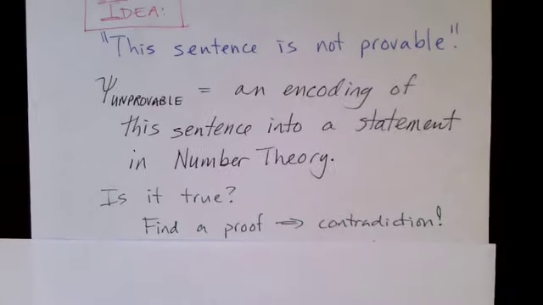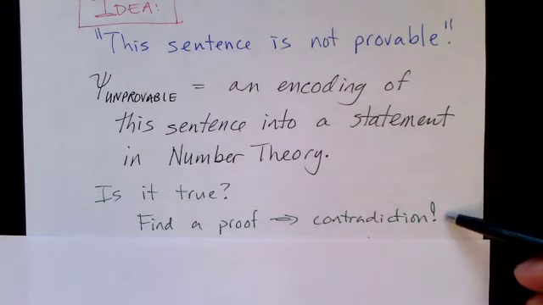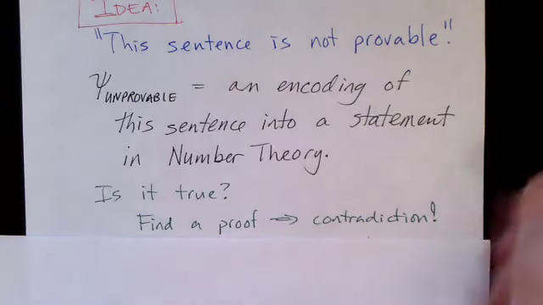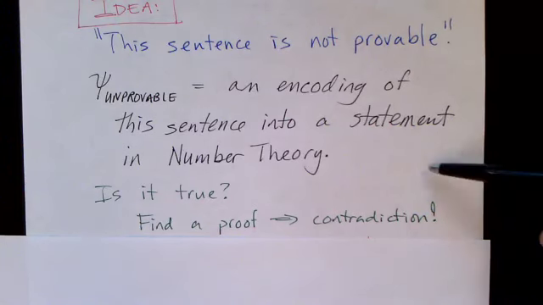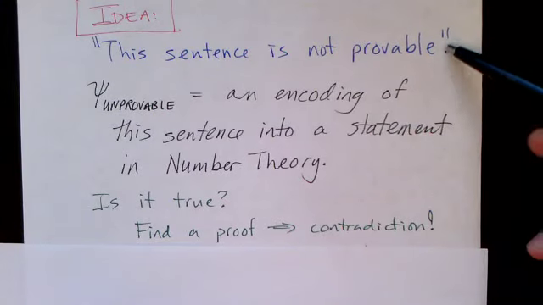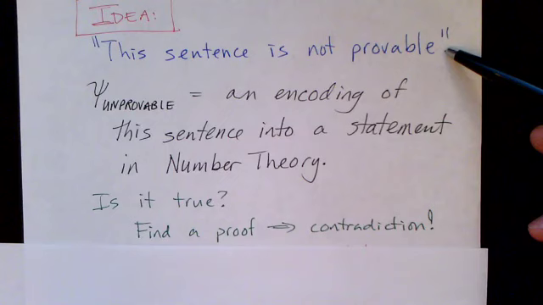And then we can ask, is it true? Well, if we can find a proof of it, then it's a contradiction. Okay, if we find a proof that it's true, then it's not true and our system is not consistent. Okay, if we could find a proof that this sentence is not provable, then that sentence would be false, and we've just found a proof of something that's false. So therefore, a proof can't exist for it.